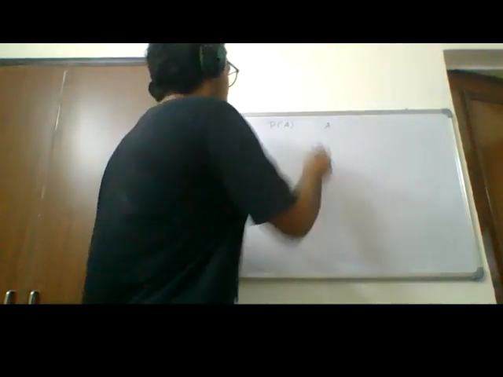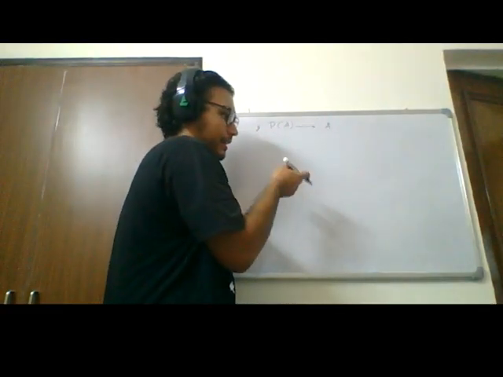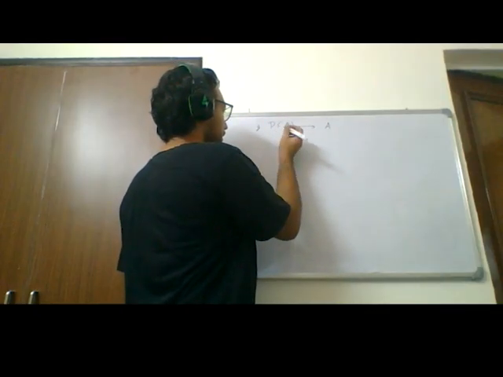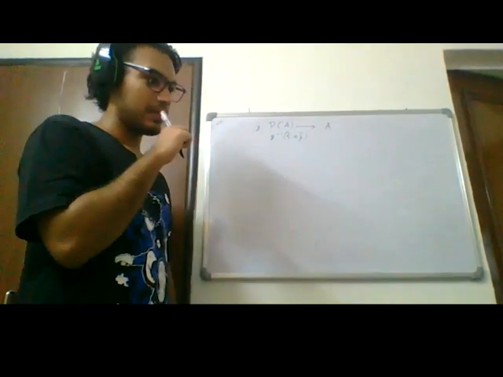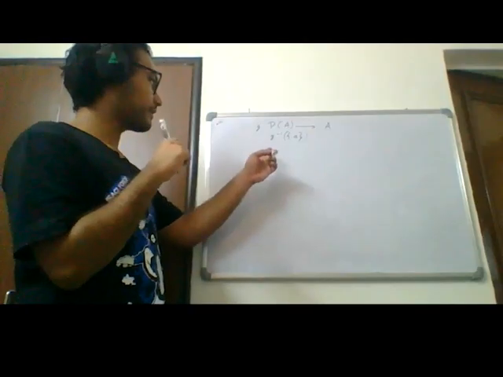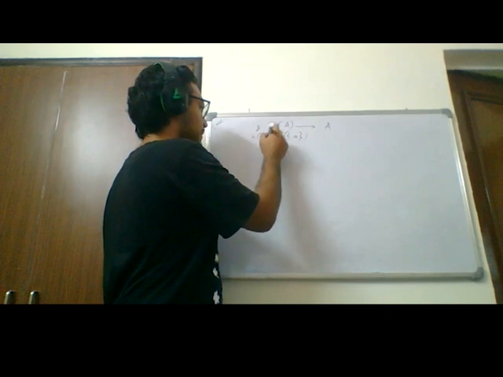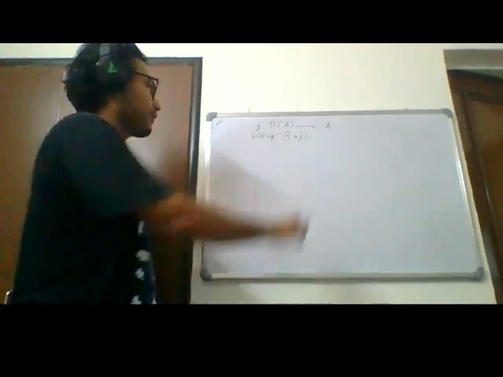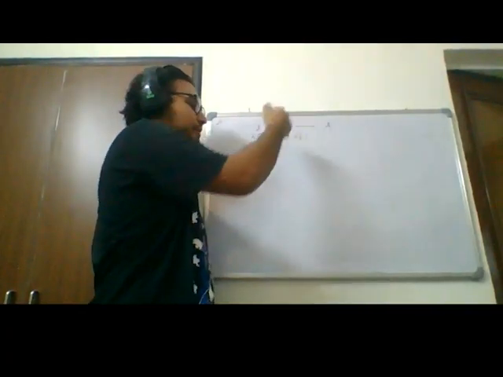So if we have an injective map G from the power set of A to A, we automatically get a surjective map from A to the power set of A. We just have G inverse of A for any A, right? Because it's injective, it's going to be a unique value, and we can define that to be H of A, and we can define it arbitrarily on the rest. So that's a surjective map from A to the power set of A, right? So if we have an injective map, it implies there's a surjective map.